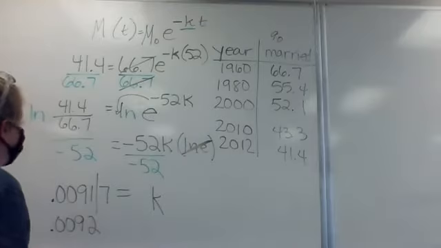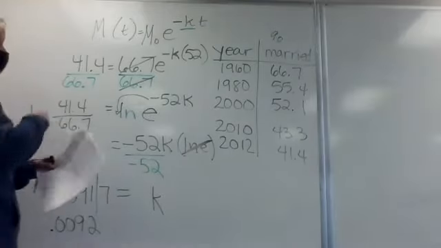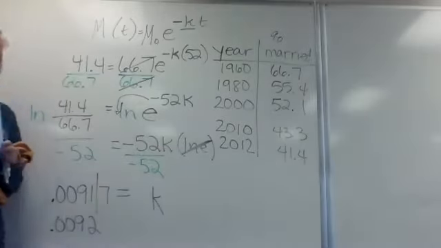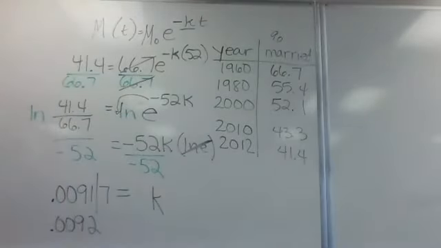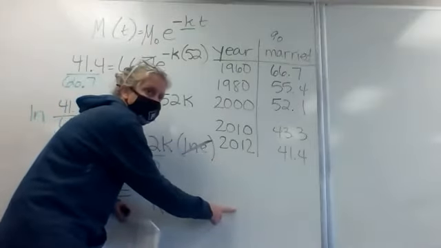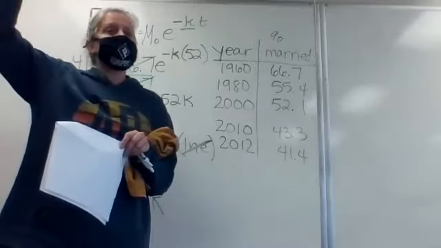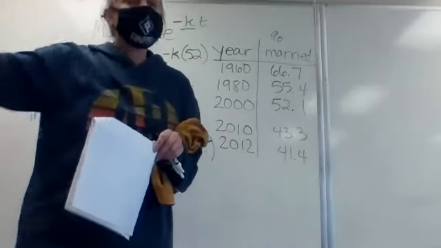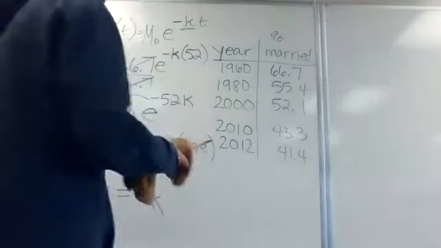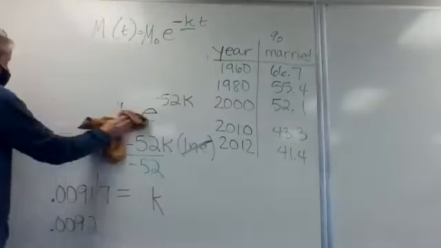So now that we know what the K is, 0.0092, it wants me to write the formula that I would be able to use if I wanted to go further in this chart, which means I need to know 2 things. I need to know the beginning amount and the K. The T is what's going to be unknown that I'll be able to fill in to go further.